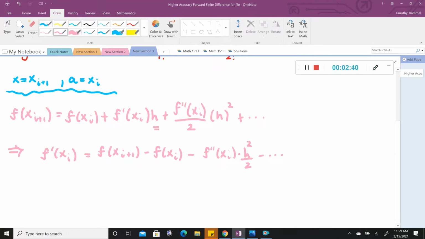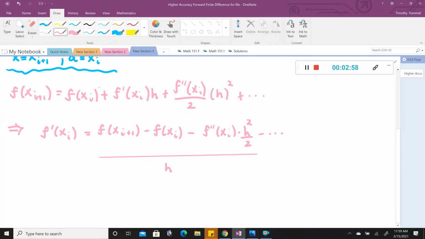All I've done is I moved everything over. I still need to divide each side here by h. So that's going to end up looking like all this over h. And what I should do from here is see if I can simplify this in any way. And I think we can.